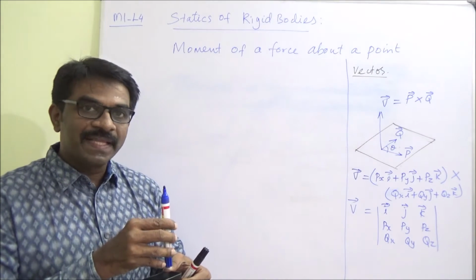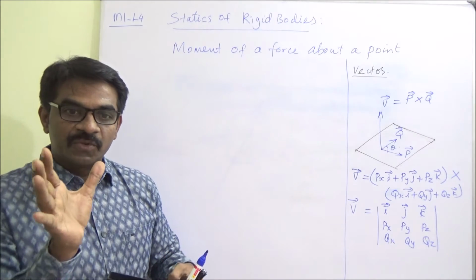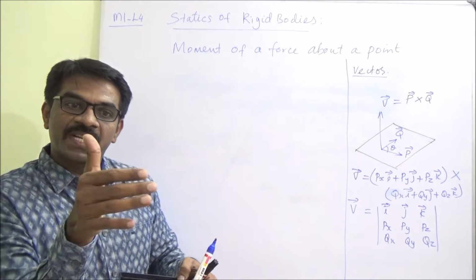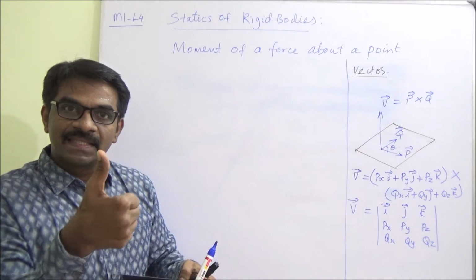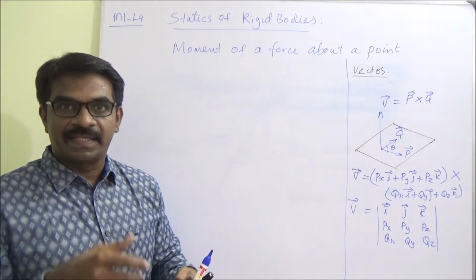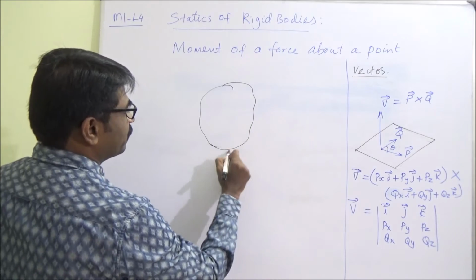So now the direction of the moment is this. You can use the right hand. This force is tending to rotate the body anti-clockwise, and the thumb shows the direction of the moment. Okay, let us take a rigid body.